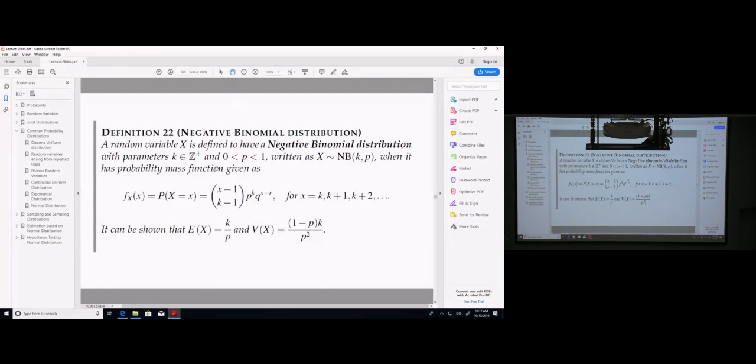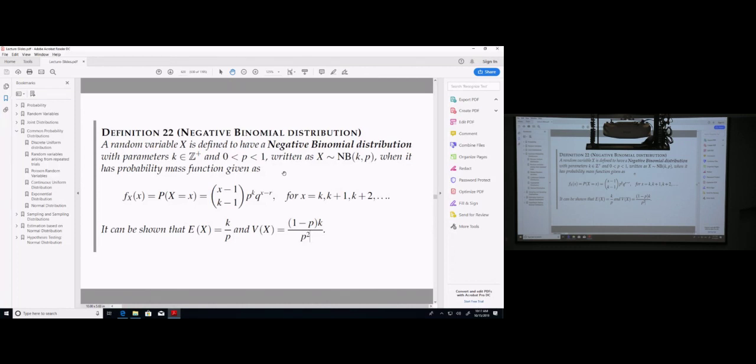If you remember, the geometric has two versions, so does the negative binomial. One version is that we are counting how many trials. Another version is to count how many failures I have to accumulate in order to get to the k-th success, which is x minus k.